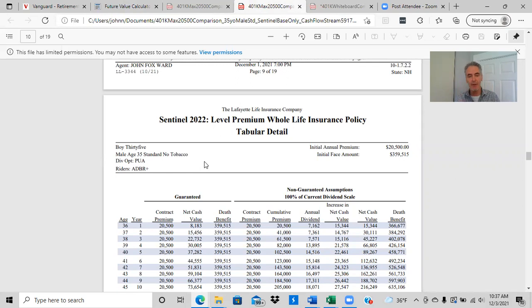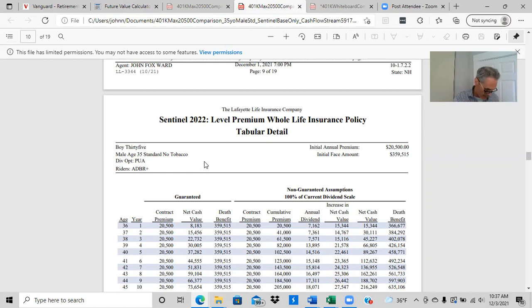This isn't sexist. This is me using what would be sort of the worst case scenario, because in most cases, a female's cost for insurance is less expensive. So probably the worst case scenario is using a male.